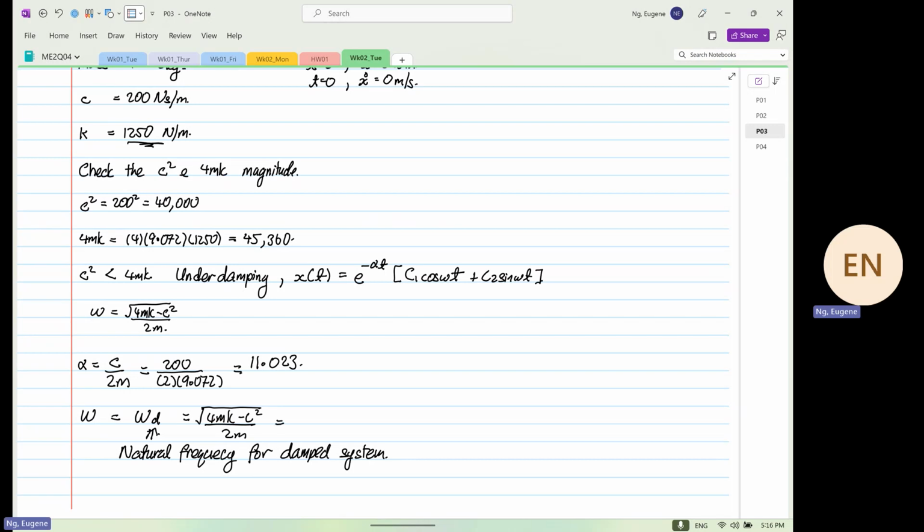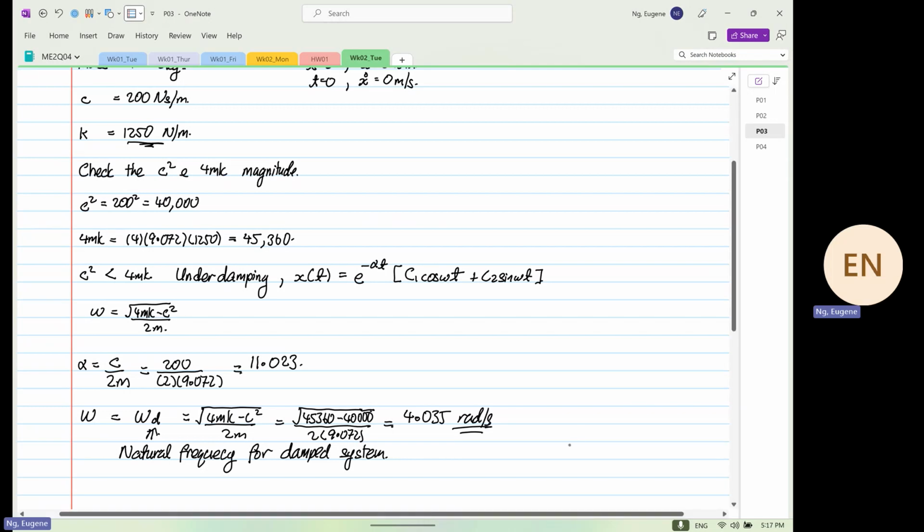Okay, so 4MK we have computed, so this is equal to the square root of 45,360 minus 40,000, divided by 2 times 9.072, which is 4.035 radians per second. I'm going to stop here.